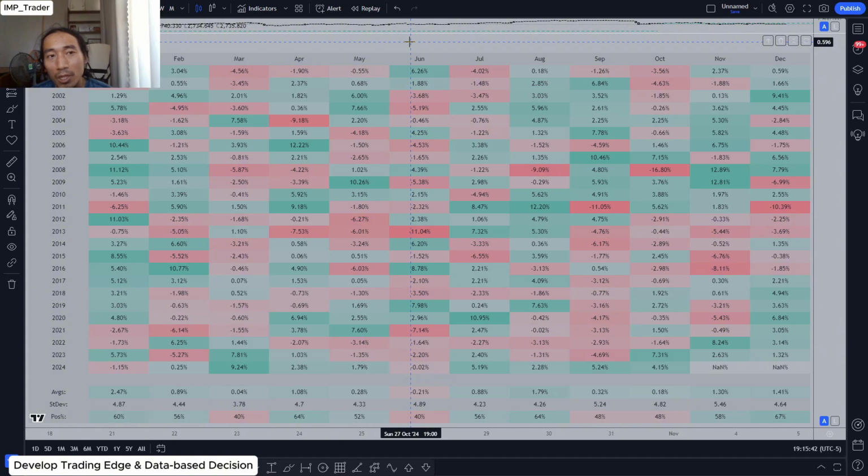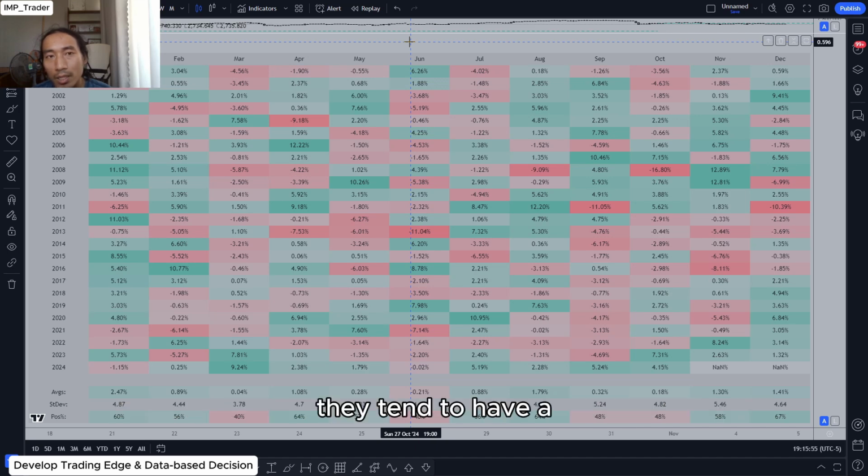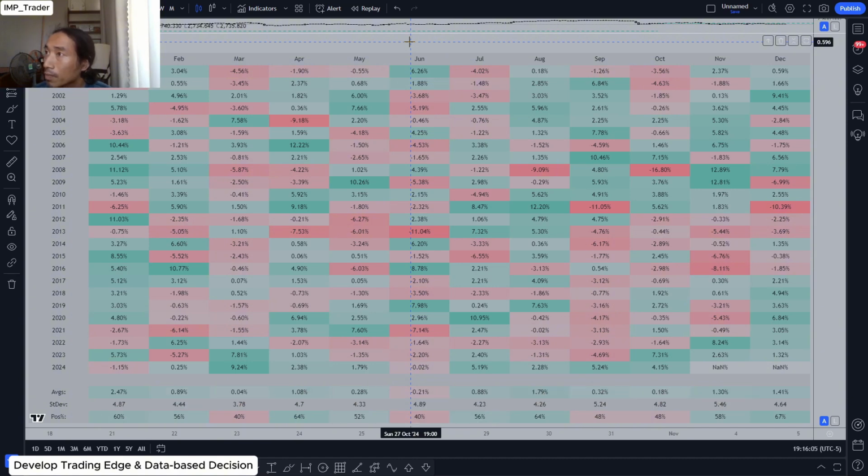But gold, it is still controlled by humans, but it's from nature, from the earth. They tend to have a natural tendency that repeats quite often, more times than not. So that is 24 years of seasonality.